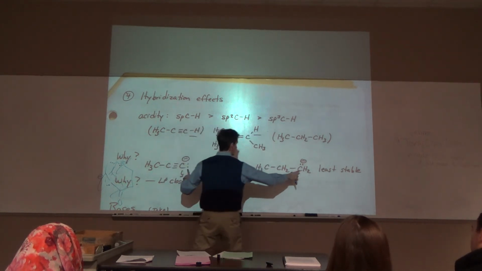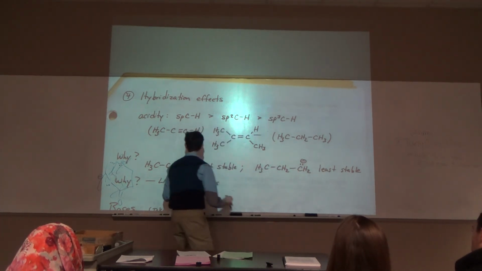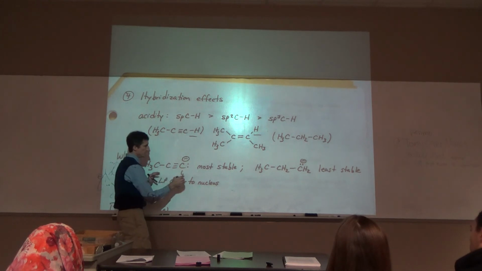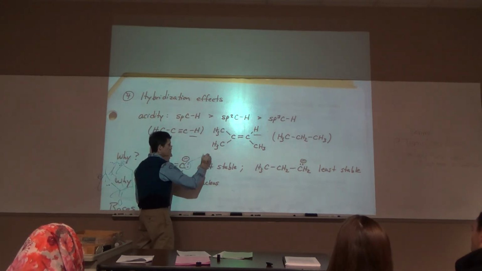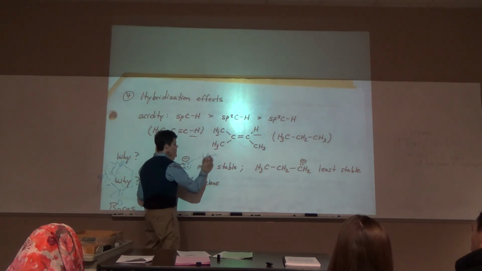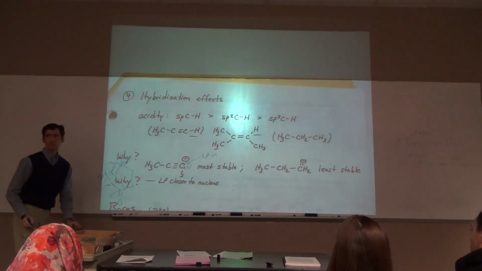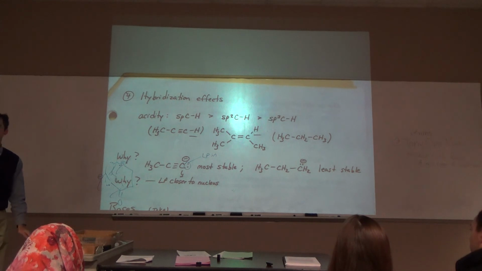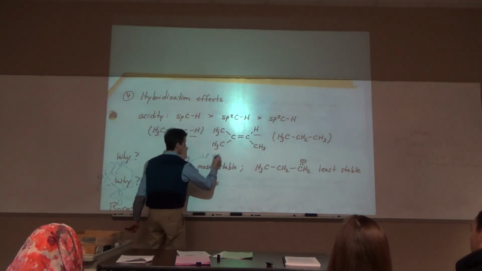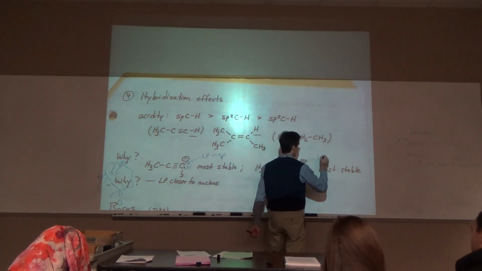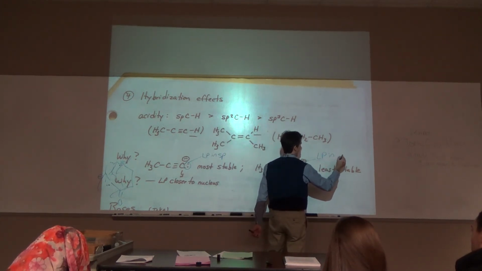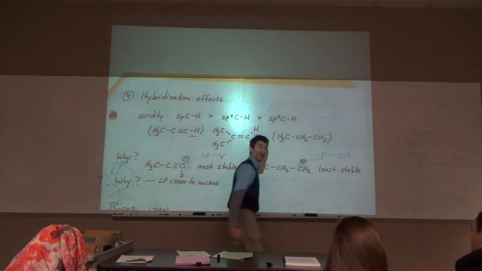Which is more stable? Well, this one is. Here's the answer. What type of orbital is this lone pair in? It's sp. What type of orbital is this in? sp3.